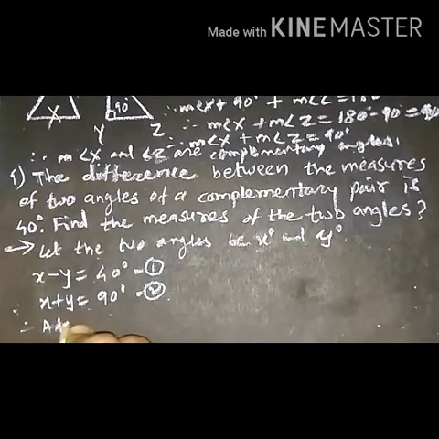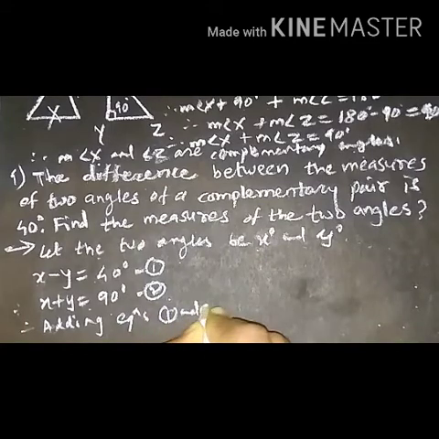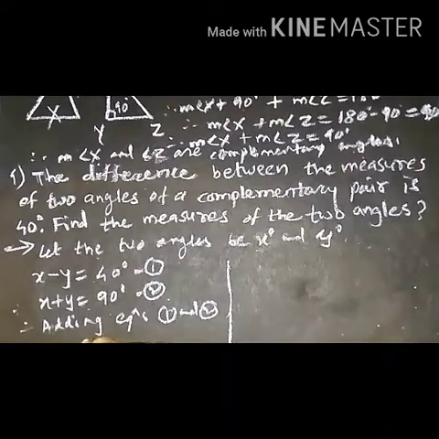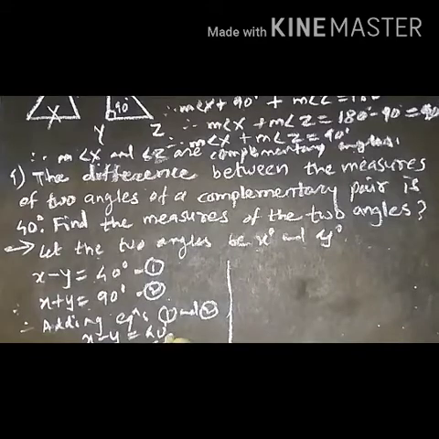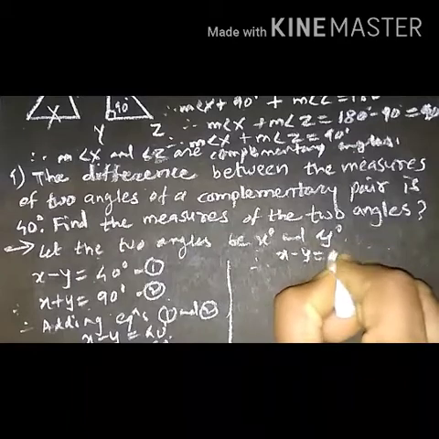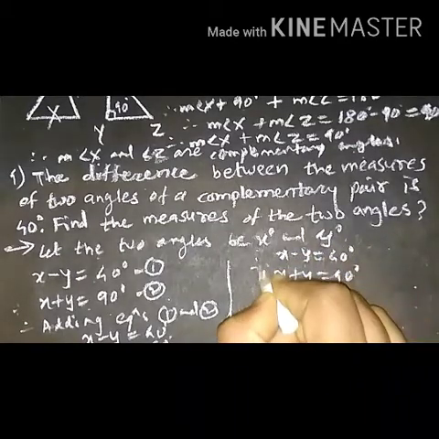Therefore adding equations 1 and 2: x minus y is equal to 40 degrees and x plus y is equal to 90 degrees.